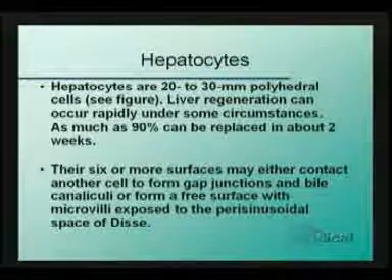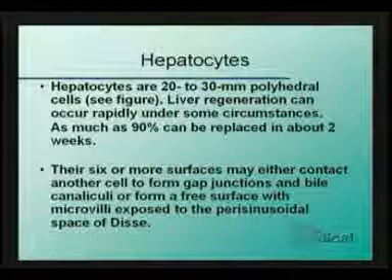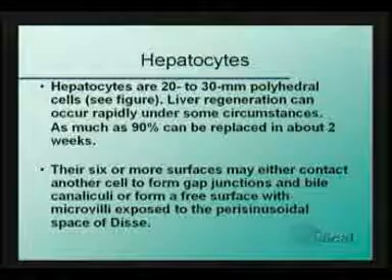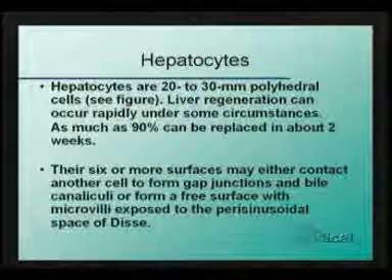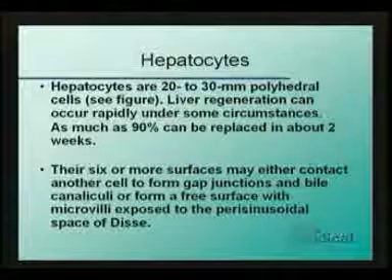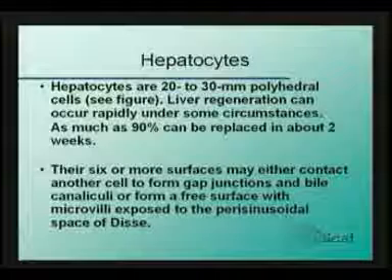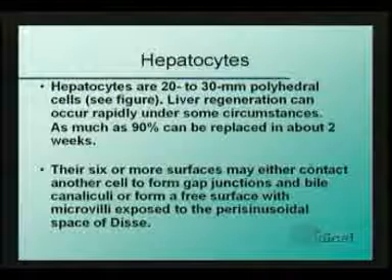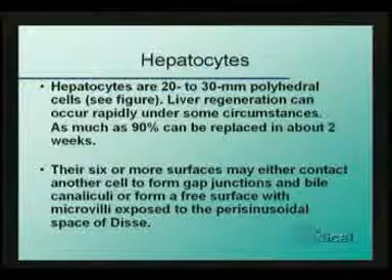We've already pointed out that the microvilliated free surface of the hepatocytes is exposed to the space of Disse, and it is into the space of Disse that the so-called endocrine products of a liver hepatocyte, mainly in the form of large proteins, are released into the bloodstream.